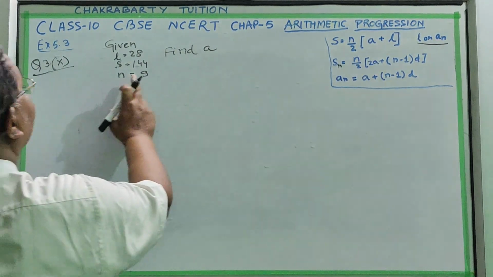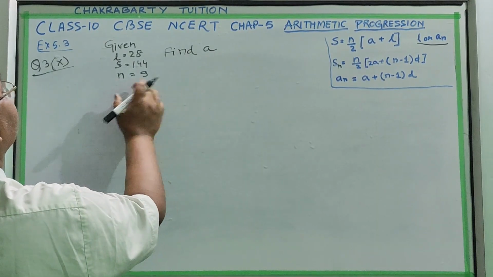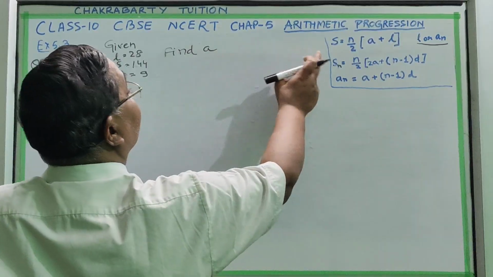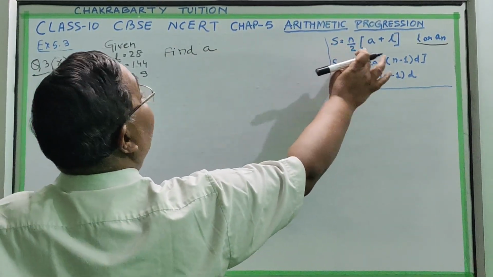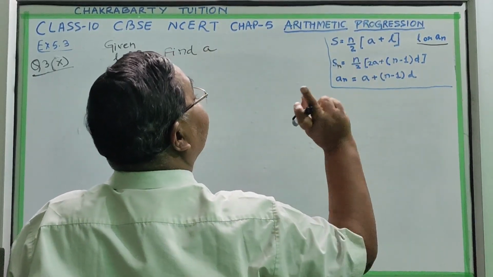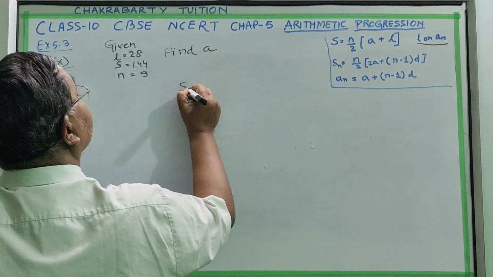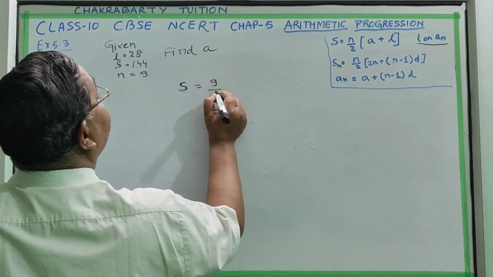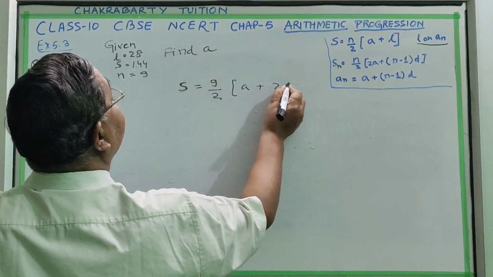Here L is given, S is given, and the number of terms is given: n equal to 9, and you have to find a. So here we have n, we have S, and we have L, so in any formula one figure you can find out. Here we will use S equal to n by 2, that is 9 by 2, times a plus L, where L is 28.